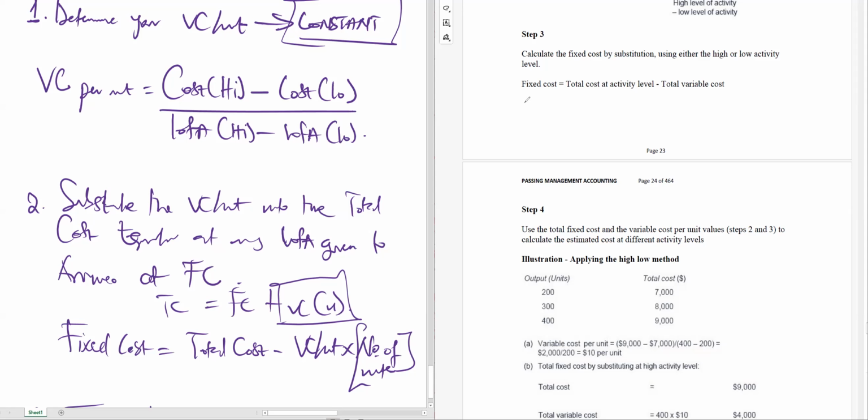When you do mathematics, you do y equals a plus bx, right? How do you find b? Don't you do y2 minus y1 all over x2 minus x1? Have you seen this before?